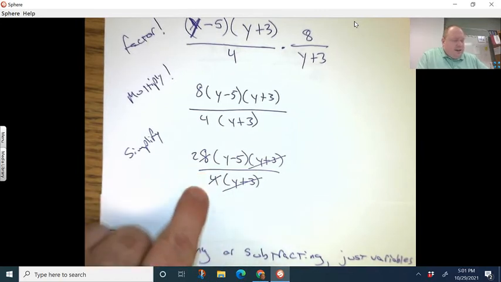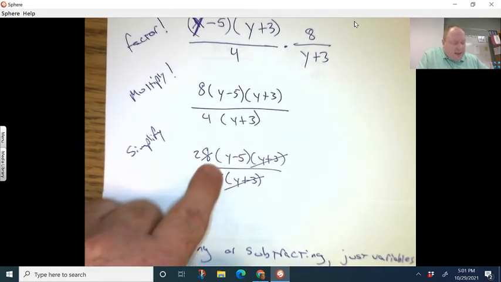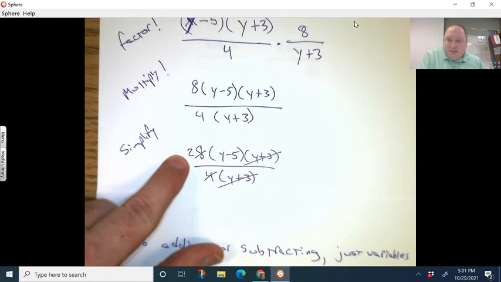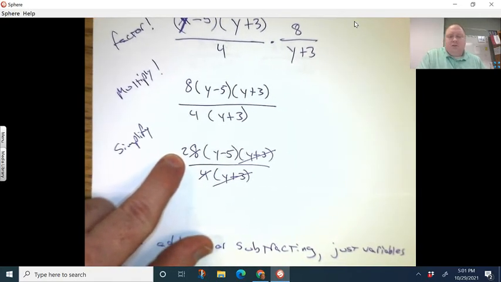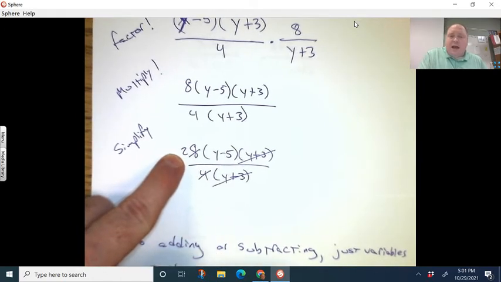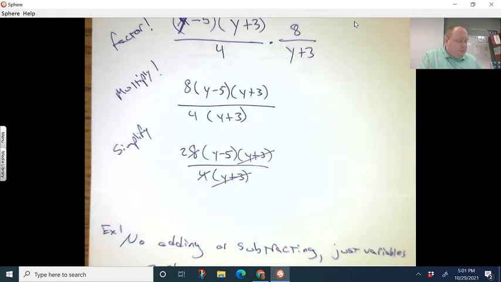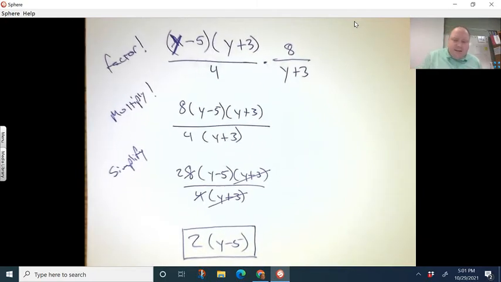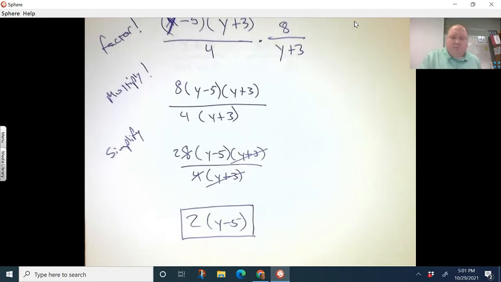So that's why I canceled. That's why I see the slash through the 4 and through the 8. And I put a 2 there in its place. So now that I've done that, I'm just going to clean this up a little bit. And that leaves me with 2 times y minus 5. And that's my final answer.